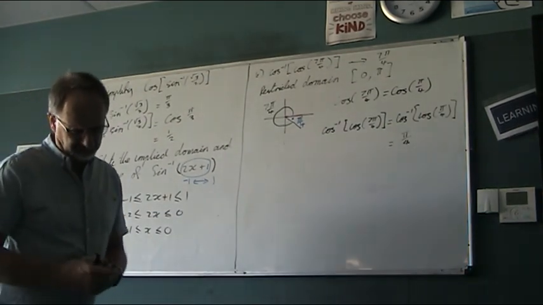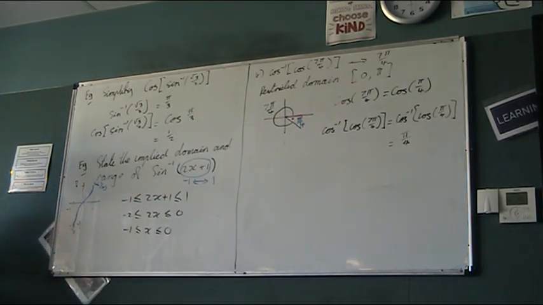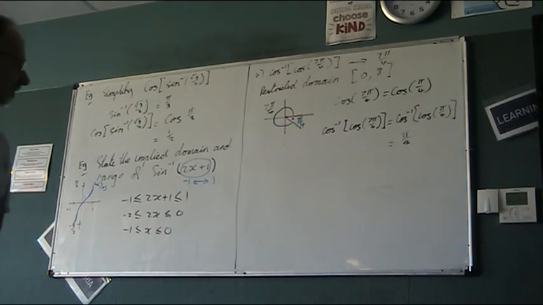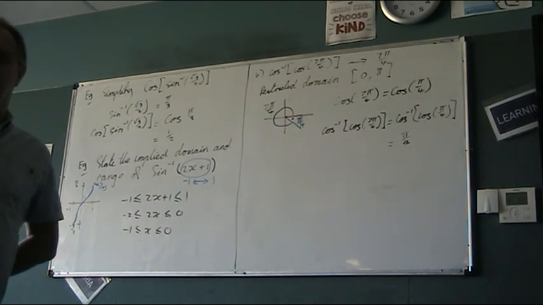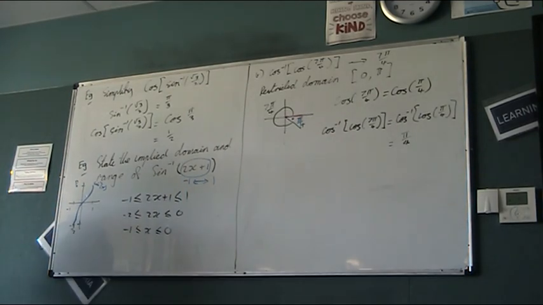Because if you try to do the inverse sine of 2... Hang on, why have you taken, so you got 2x plus 1. Negative 1 less than or equal to 2x plus 1, which is less than or equal to 1.